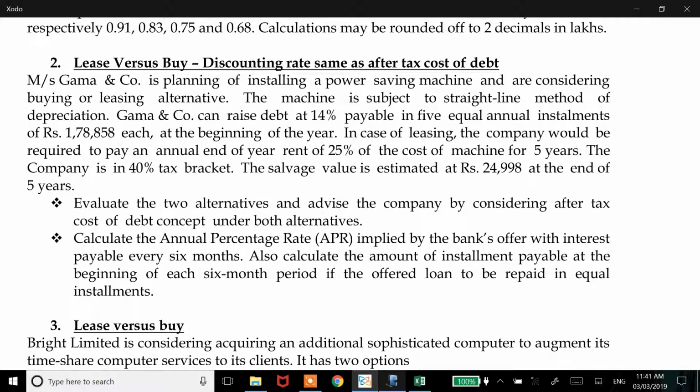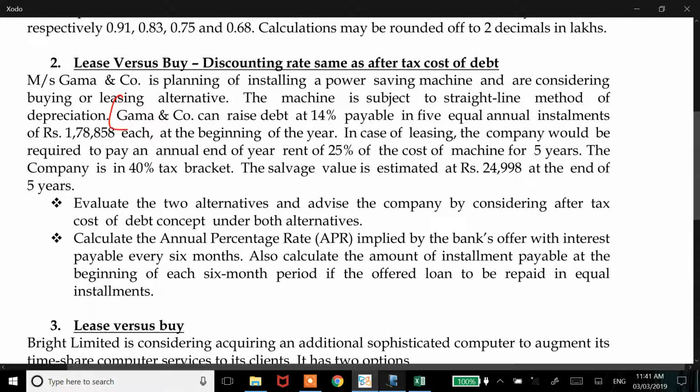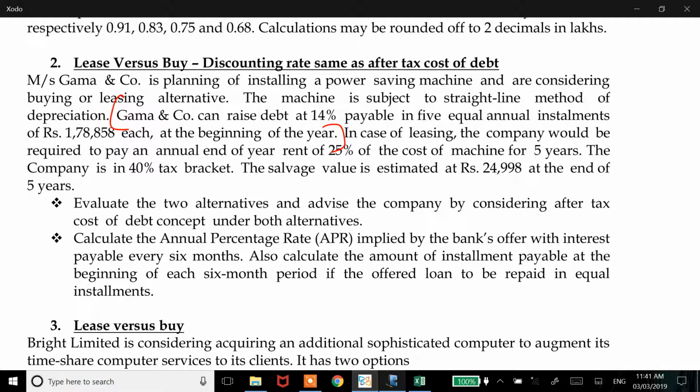Do we know the cost of the asset? Okay. In all the problems, cost of asset will be equal to the loan, and I can calculate the loan amount because how the repayment is happening is given in the question.